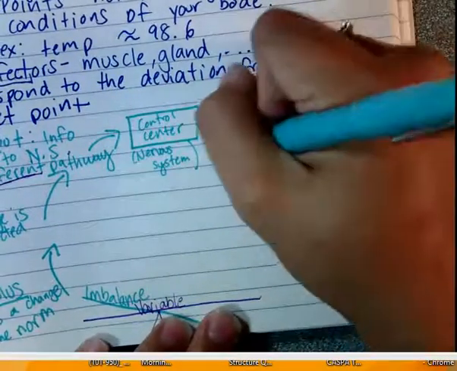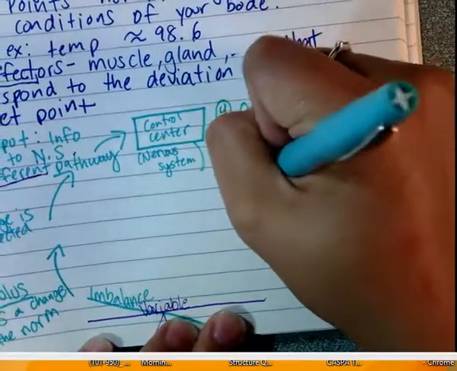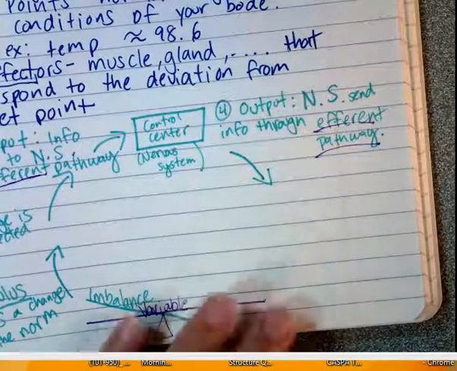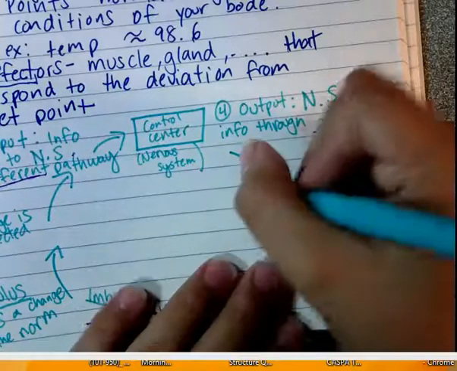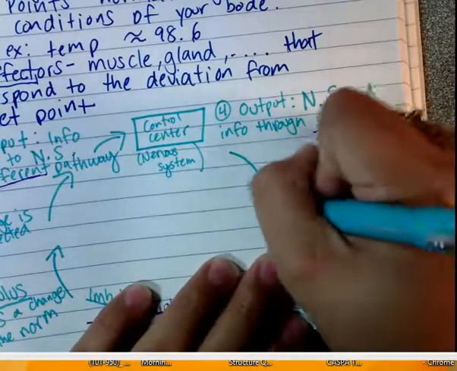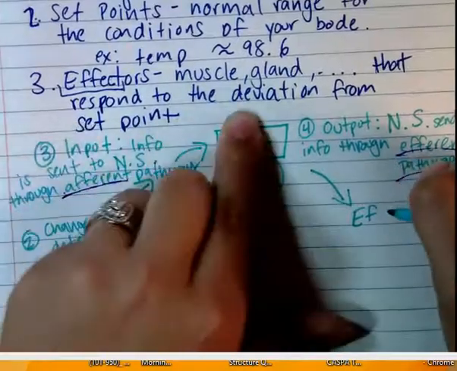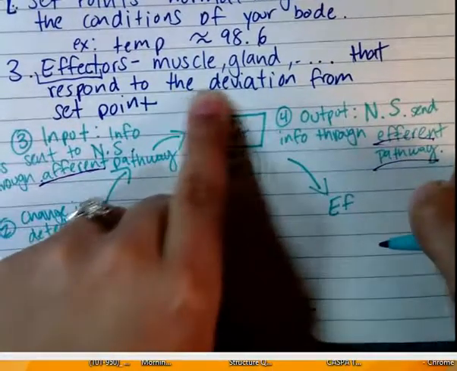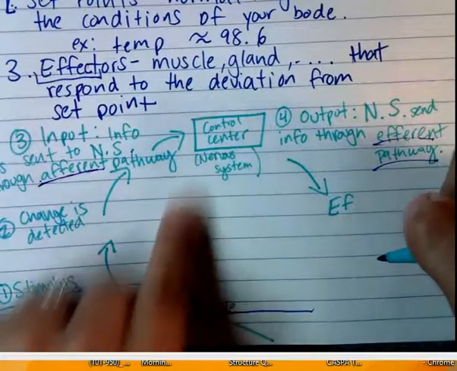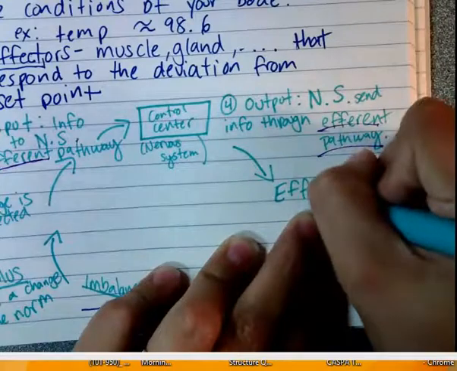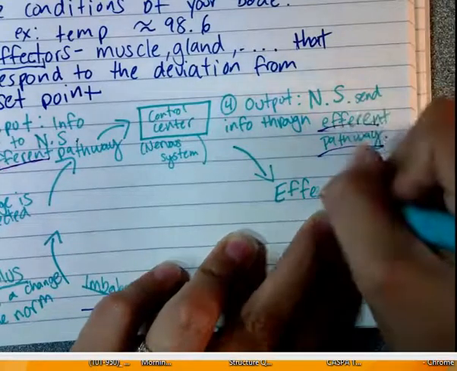That information is going to be sent to your effector. So that goes back to our terminology. It's going to be sent somewhere else in your body that has the capability of getting you back to that set point. Effector.